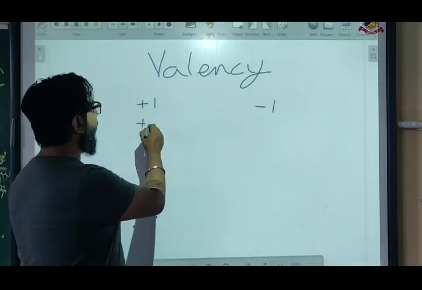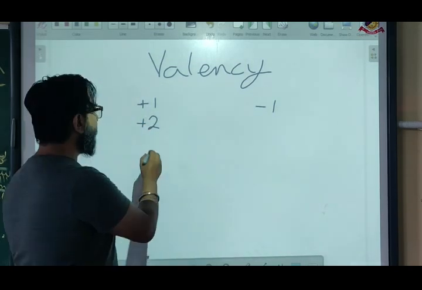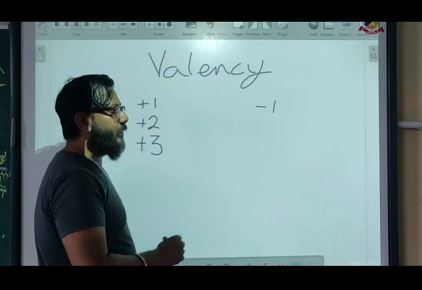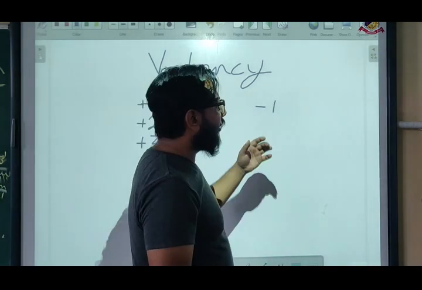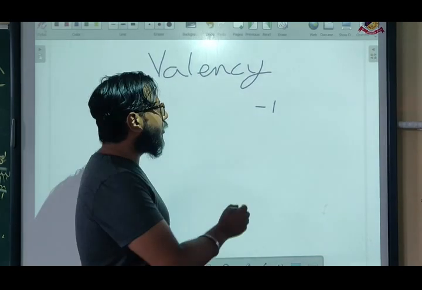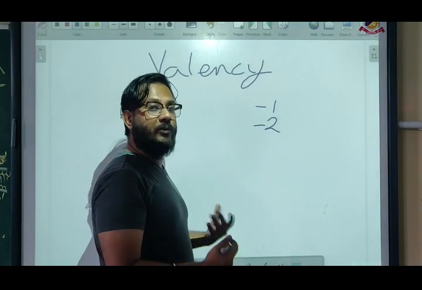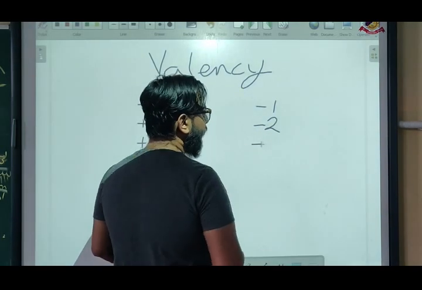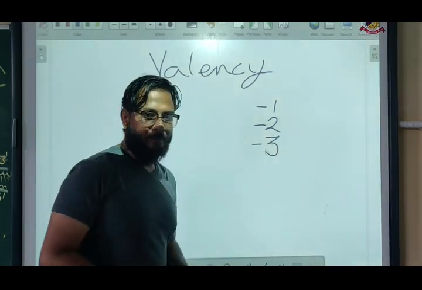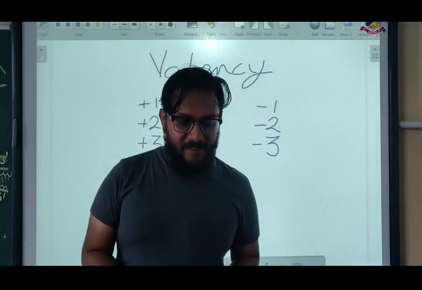Because you're giving, and your valency will be +2. If you're giving 3 electrons, then the valency will be +3. If you're taking 1 electron, your valency will be -1. If you're taking 2 electrons, then your valency will be -2. If you're taking 3 electrons, then your valency will be -3. Okay, so that's all for valency.